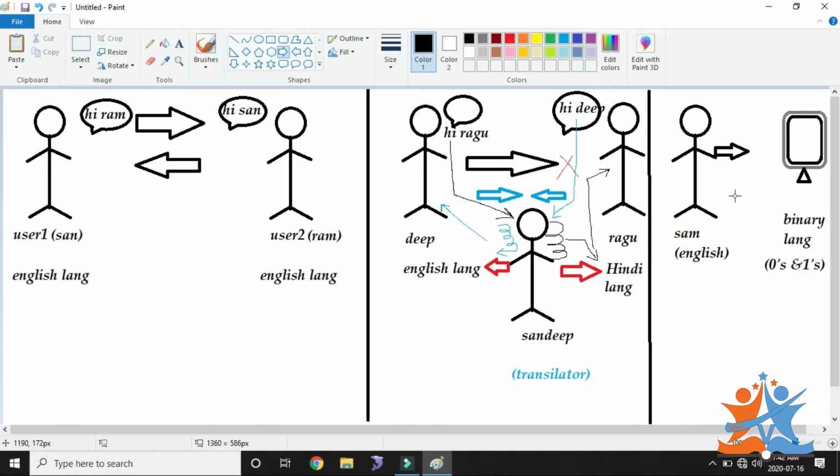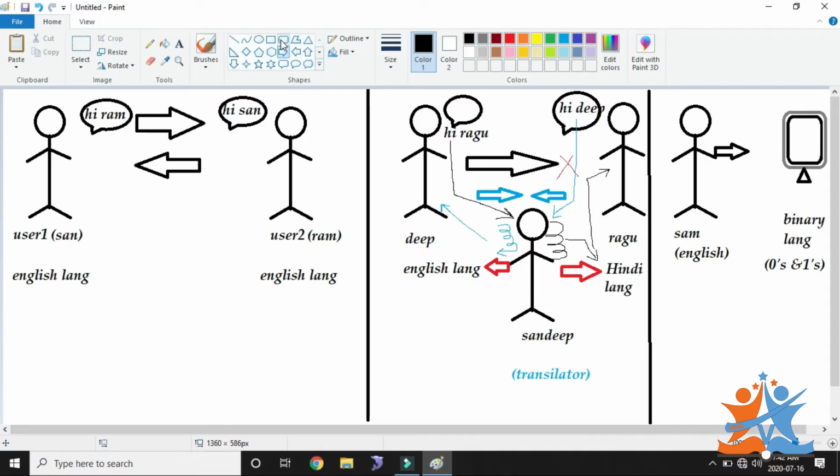So that is the reason Dennis Ritchie, who introduced the C language, introduced one software. That software works like a translator.